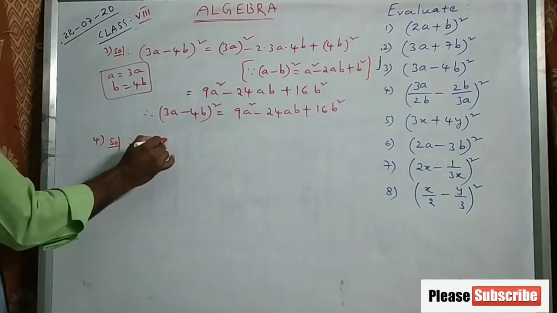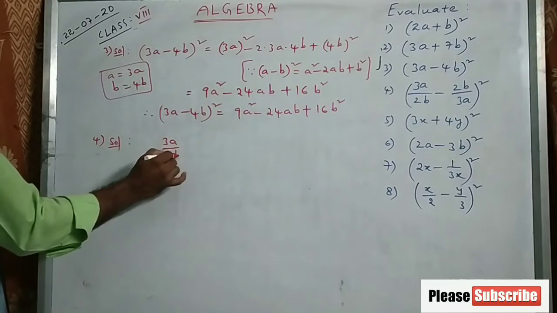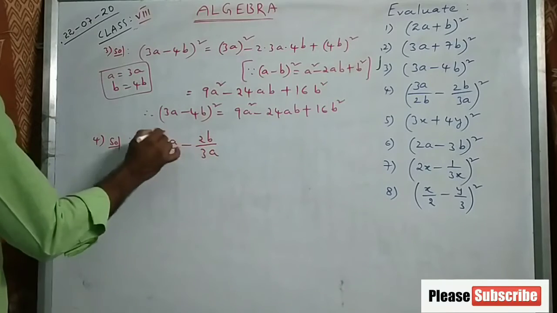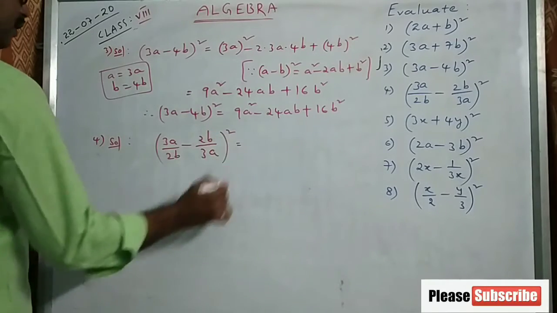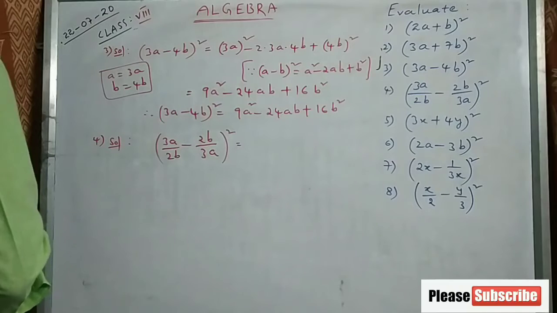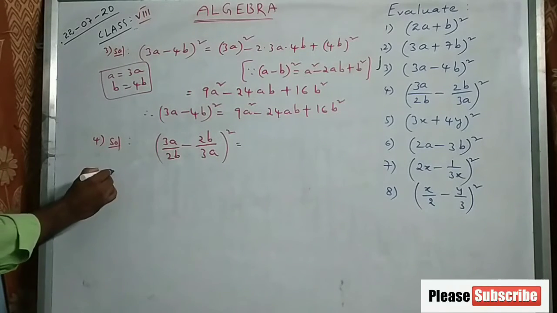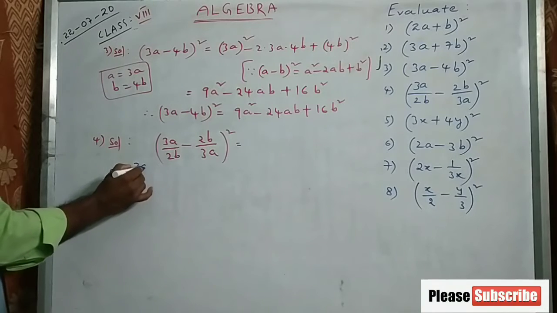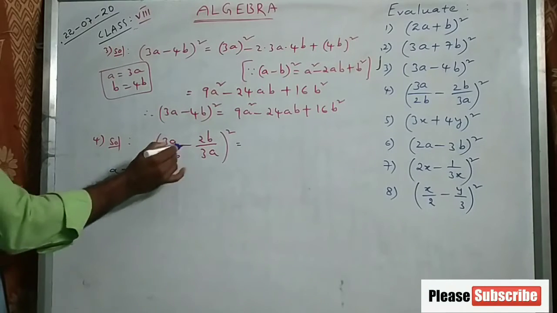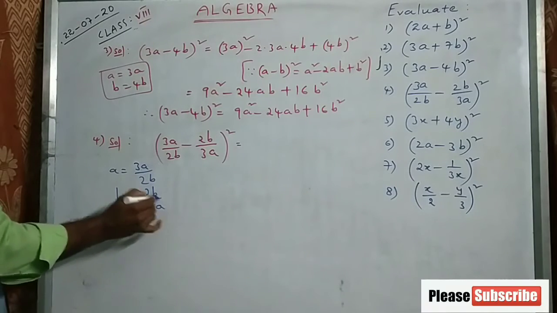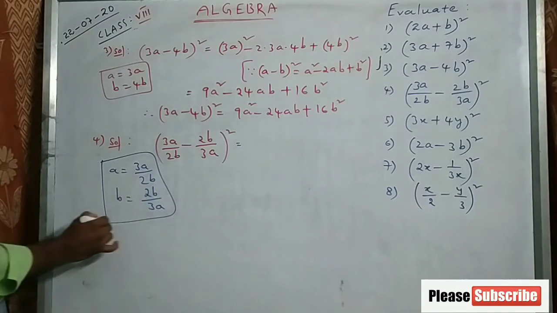Fourth one: (3a by 2b minus 2b by 3a) whole square. What is the value of a here? a equals 3a by 2b and b equals 2b by 3a. Okay.